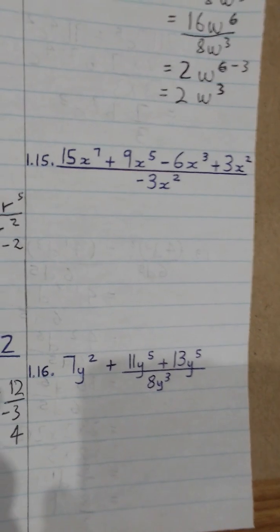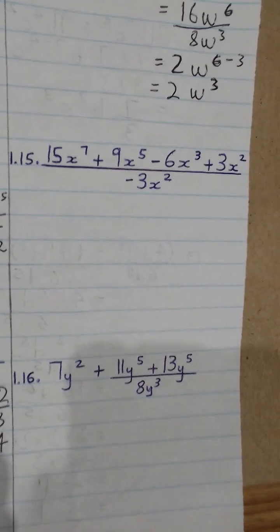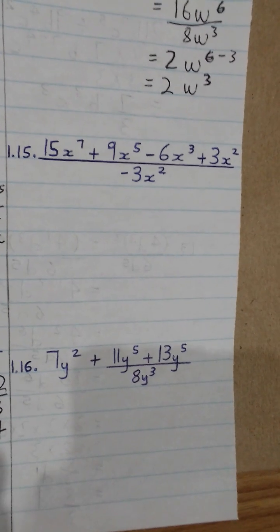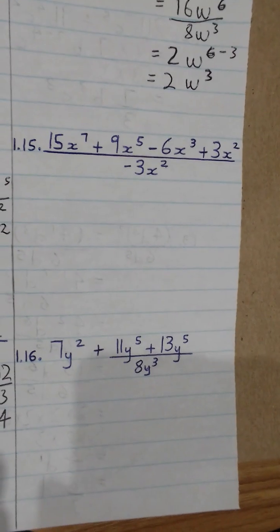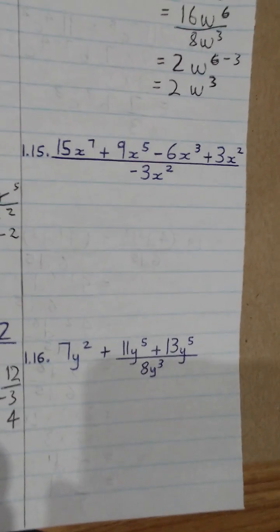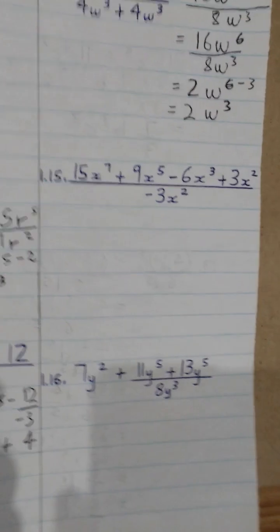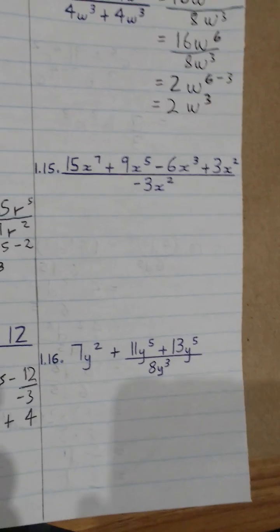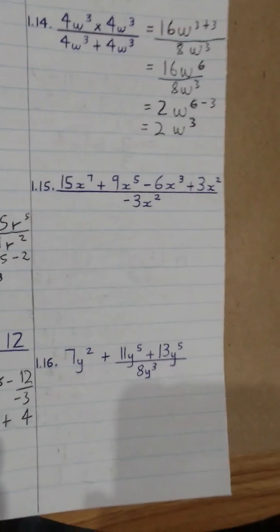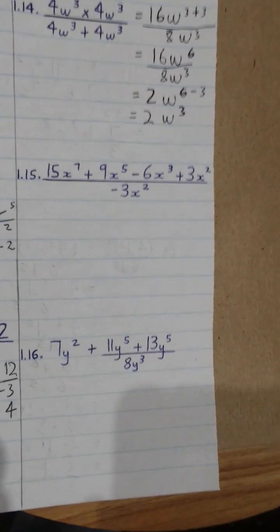1.15, 15x to the power of 7 plus 9x to the power of 5 minus 6x to the power of 3 plus 3x to the power of 2, all over negative 3x to the power of 2. No like terms at the top.